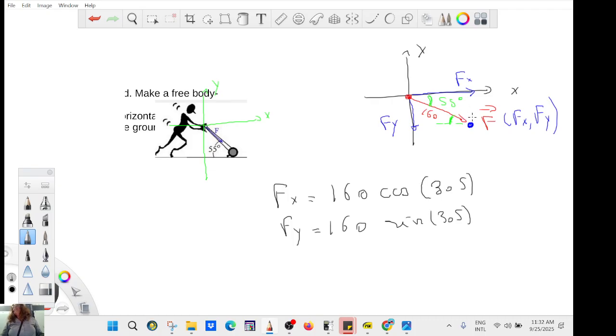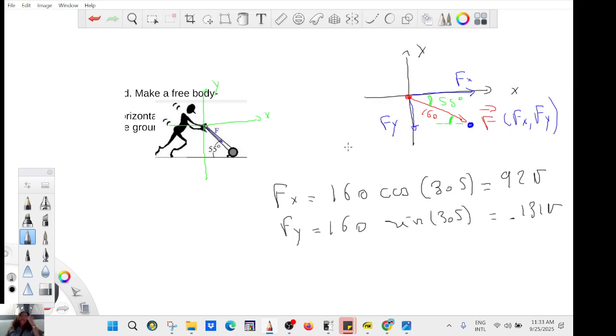Otherwise, you can say sine 55, it will work, but you want to make sure you have a negative. Is that clear? So that will be 92 Newton minus 131 Newton. Do you all agree?